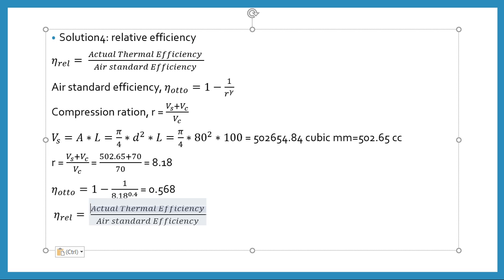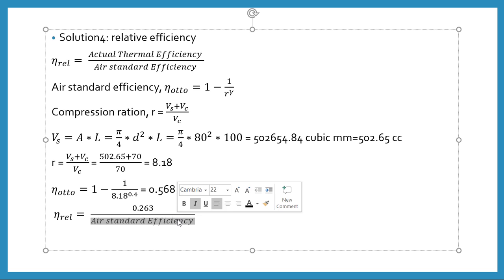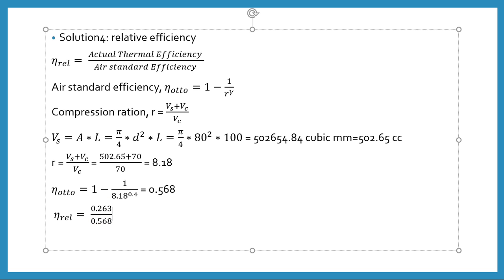Here the thermal efficiency is already calculated, 26.3%, that means 0.263, divided by 0.568, which equals 0.463, which is equal to 46.3%. So this is the value of the relative efficiency.